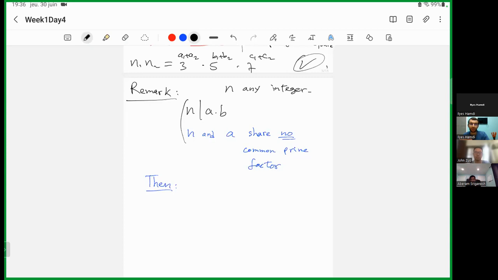So now I know that n divides a times b and no prime factor of n divides a, and then actually I will be able to conclude that n divides b. What do you guys think about it?